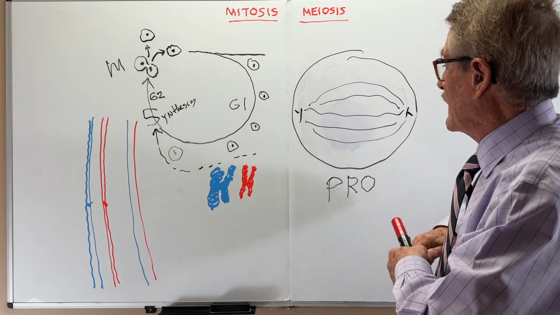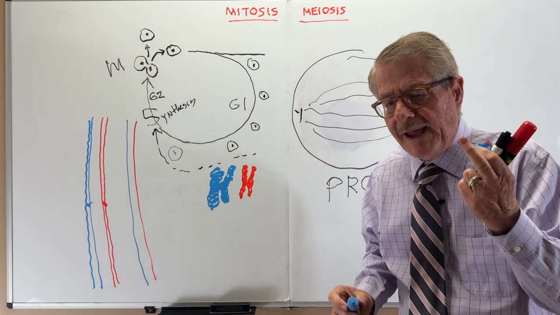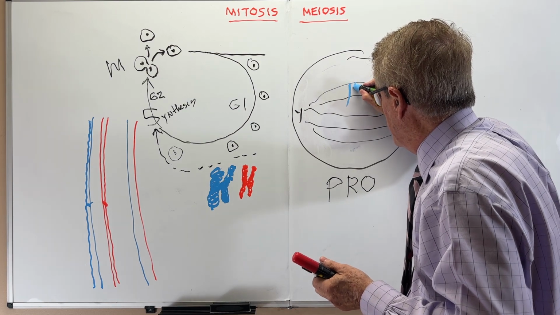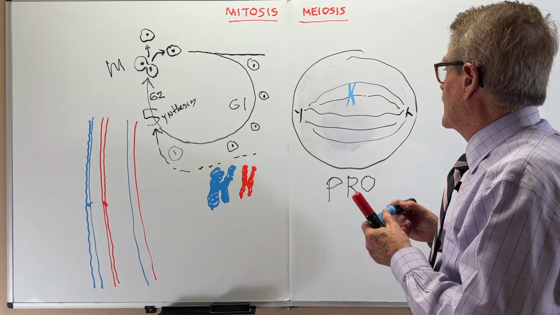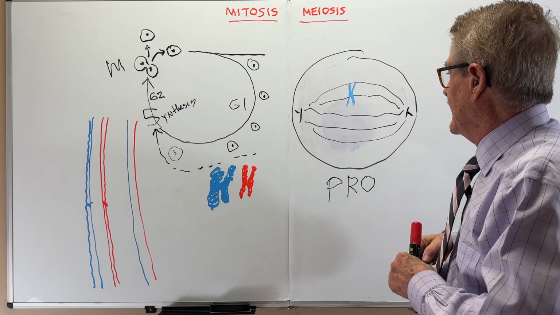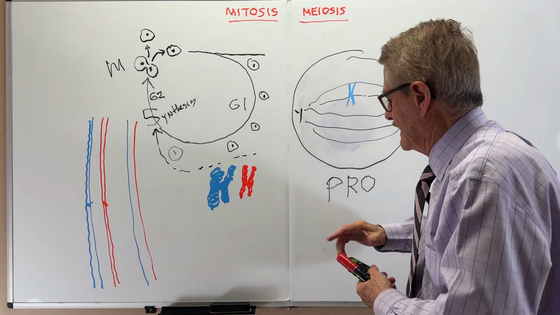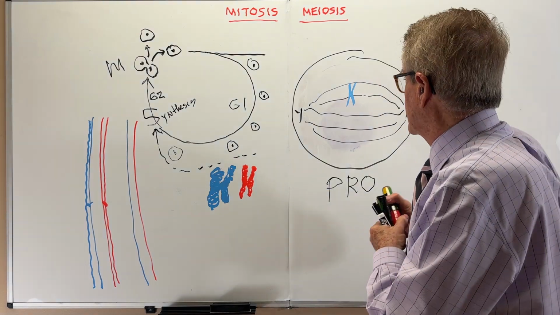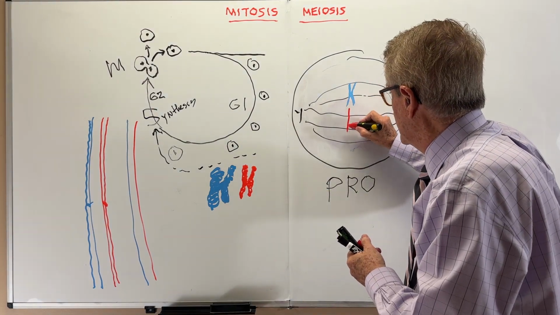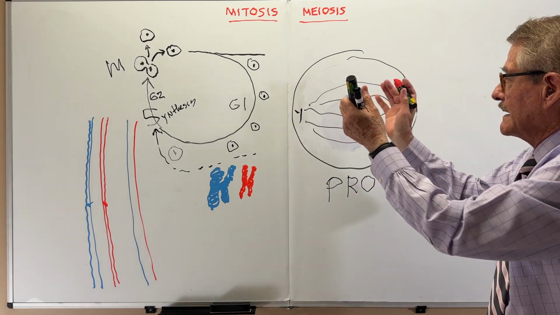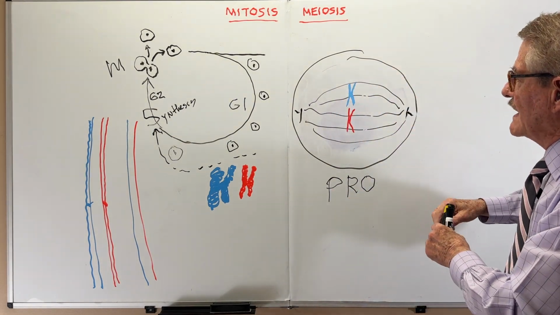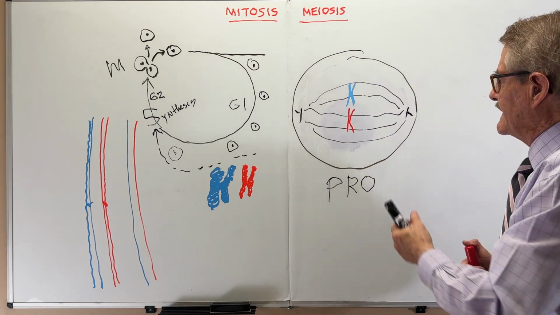So for example, I'm going to just draw 1 pair, and that will be, for example, the paternally derived chromosome and the maternally derived chromosome. You see that those are 2 copies of the same chromosome.